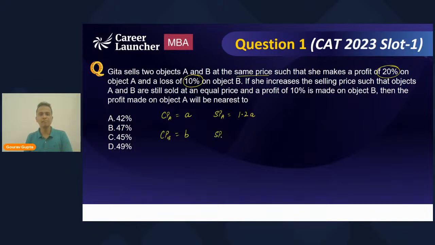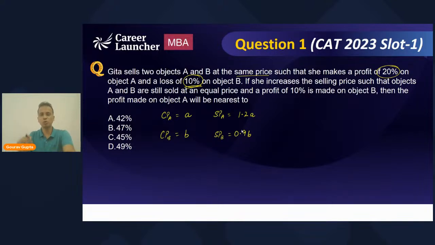Similarly, the selling price of B will become, after a loss of 10%, 0.9B. All right. Now, are you all clear how to write these things? Selling price of A and the selling price of B: 1.2A after a profit of 20% and 0.9B after a loss of 10%.